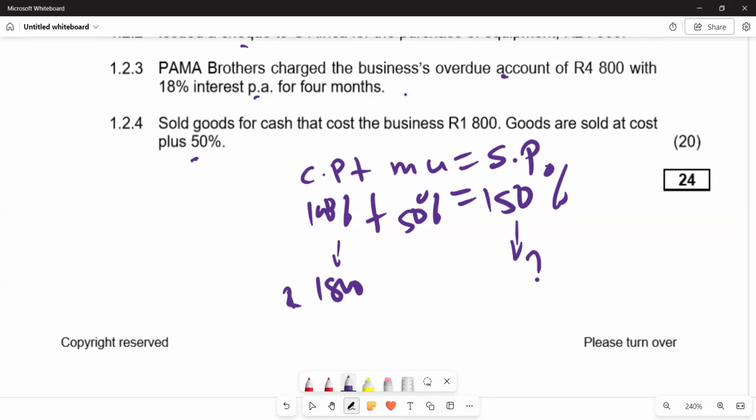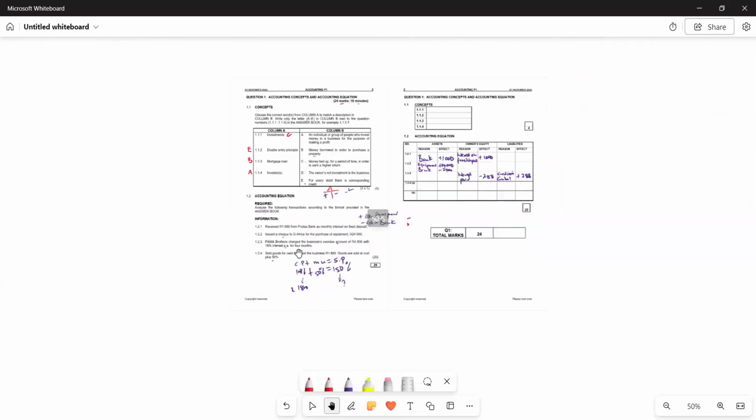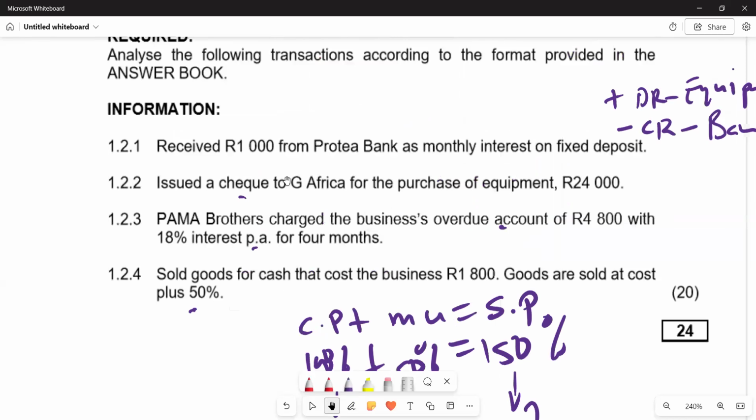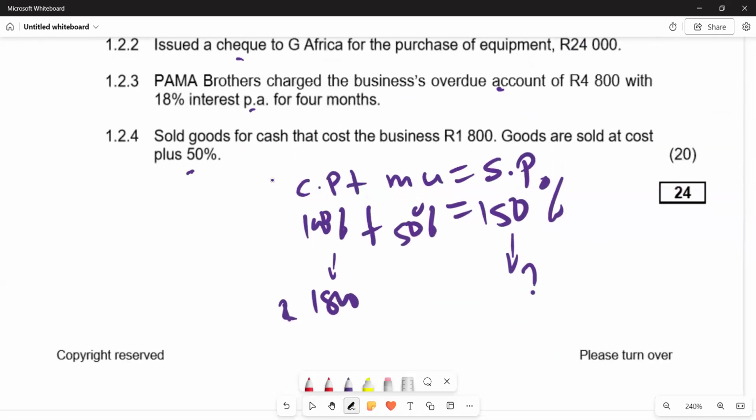So we can just use simple proportion by saying what we don't have is a numerator, what we have is a denominator, and then we multiply by the given figure. So here, what we don't have is 150%. What we have is 100%. The given figure is 1,800.